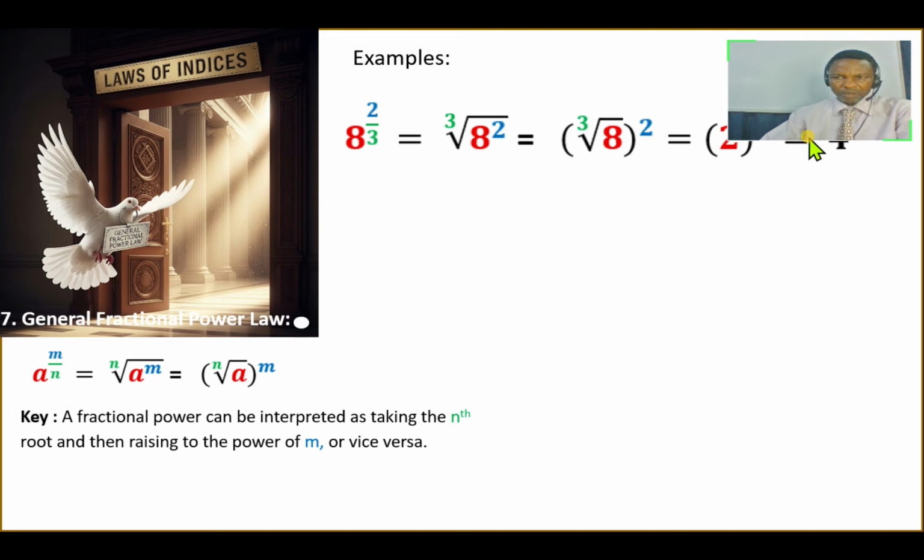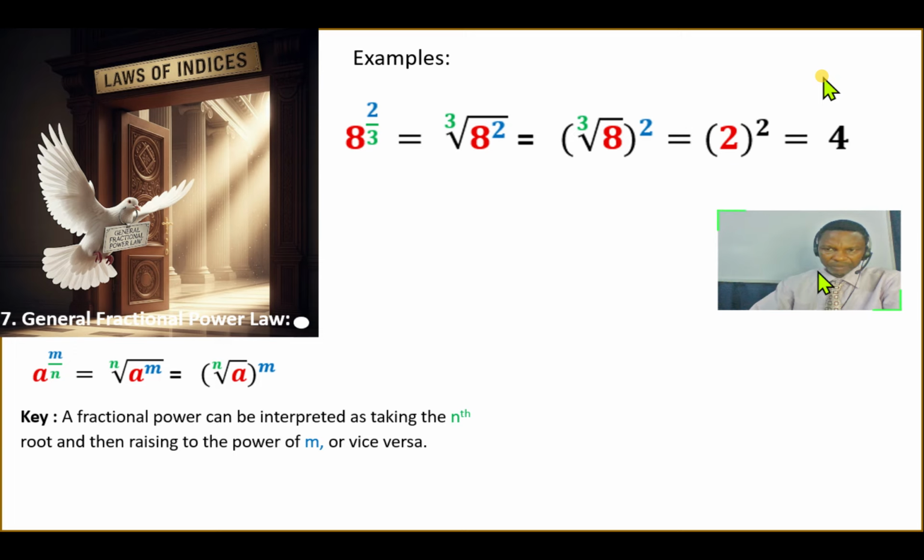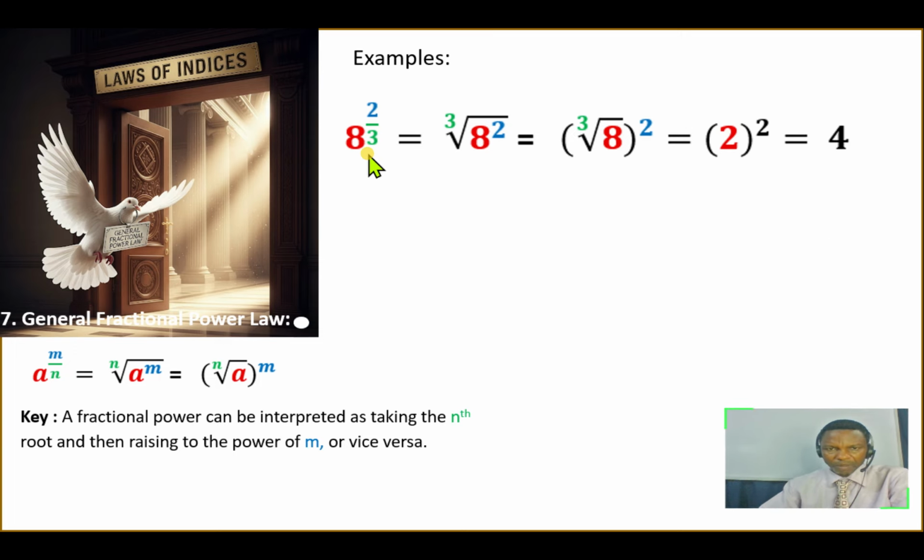So let's see, what is the value of 8 raised to the power 2 over 3? So that is the cube root of 8 squared, or the cube root of 8 all squared.